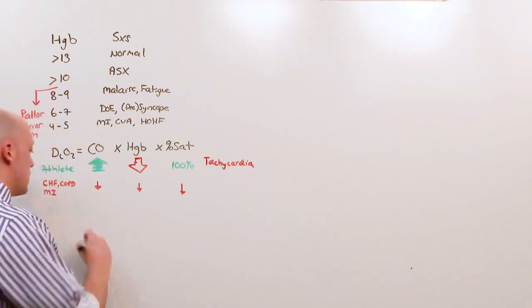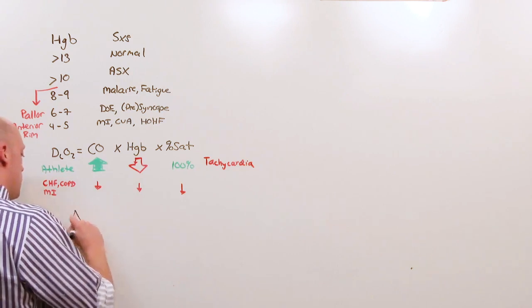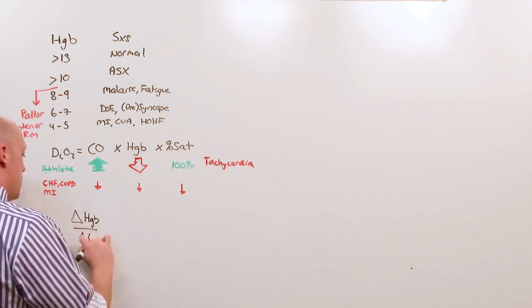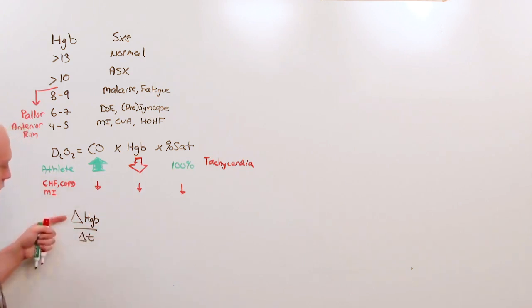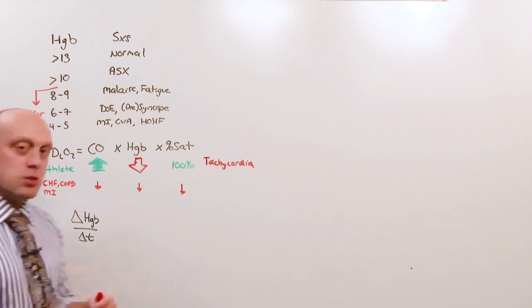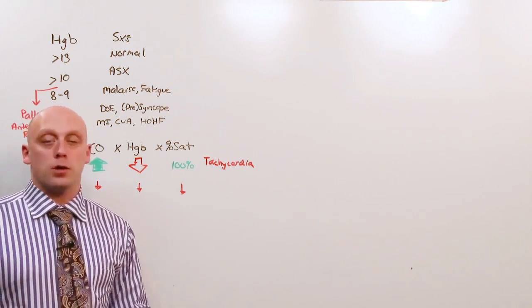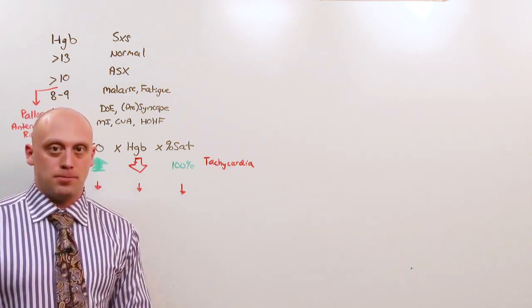Also understanding that it's about calculus. It's the change in hemoglobin over the change in time. Large swings in the hemoglobin over a short amount of time make more symptoms. Slow changes over a long time, the body has a chance to adapt, and so you may even see people with hemoglobins of 2 and 3 who are walking around asymptomatic.